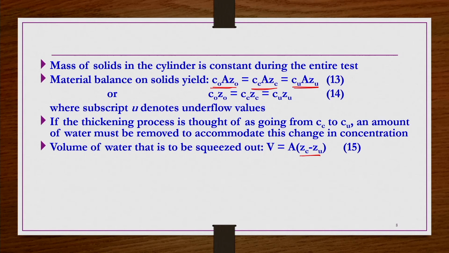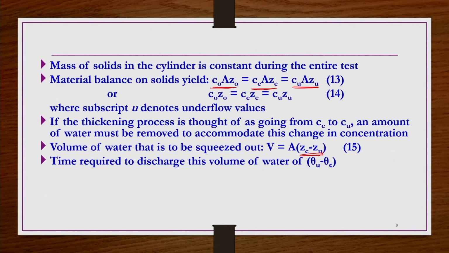Okay, because we are assuming a rapid decrease in settling velocity takes place from theta c onwards. So, for theta c to theta u, whatever the corresponding interface heights are, we take the difference Zc minus Zu and multiply by the area, then you get the volume of water that is to be squeezed out.